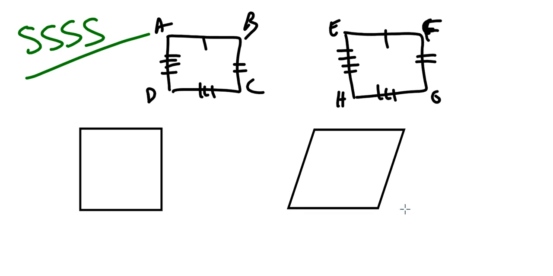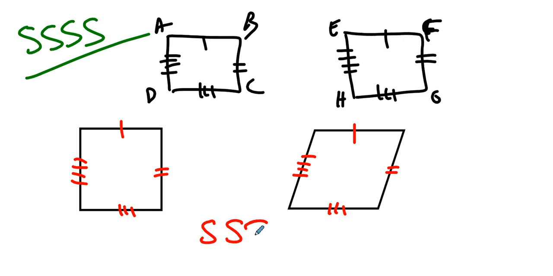And here's another one of them, right? Here's a scenario where those sides are congruent, but side, side, side, side doesn't work to prove that quadrilaterals are congruent.